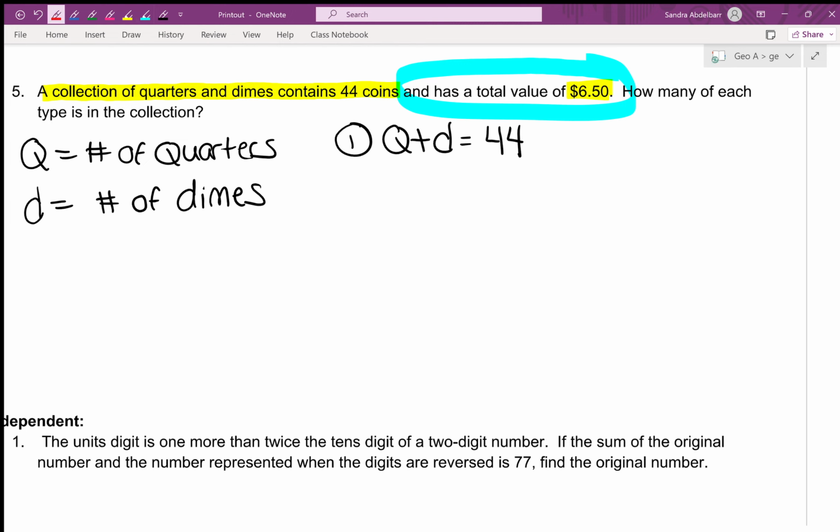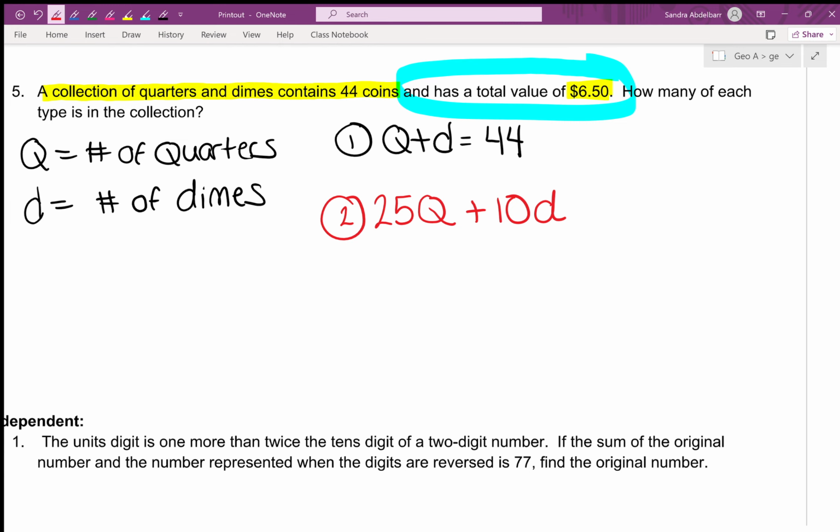For my second equation, 25 cents times the number of quarters we have will give me my total financial value of quarters, plus 10 cents times the number of dimes we have will give us our total financial value of dimes.